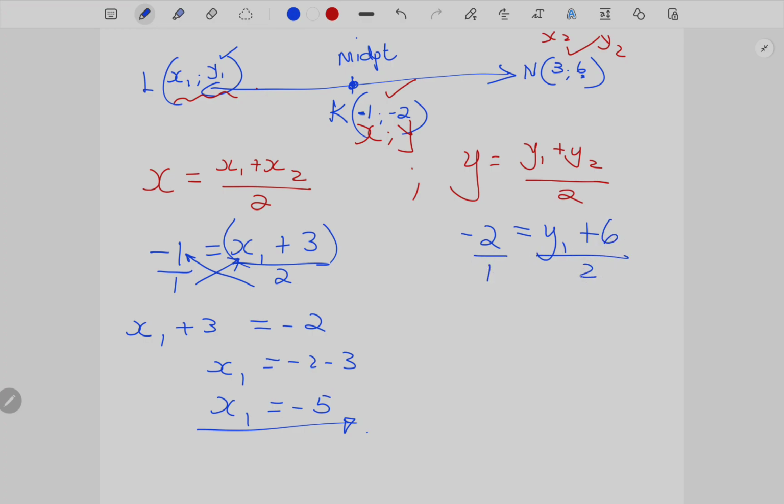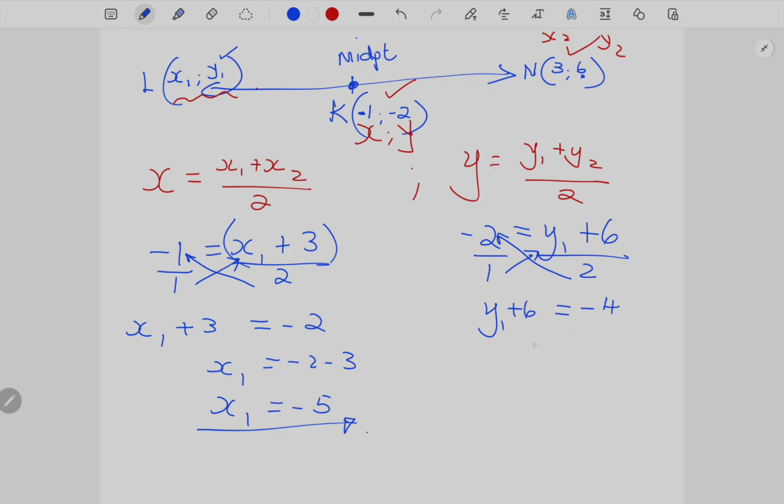We make the left side a fraction, over 1. Then after that you cross multiply. What is 1 times y1 plus 6? It's y1 plus 6 is equal to 2 times -2, I mean it's -4, sorry, -4.